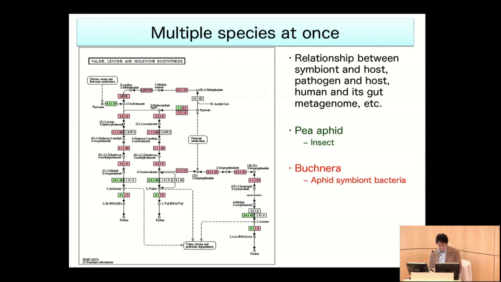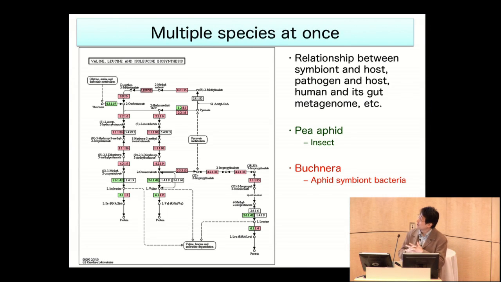But I'd like to add one more thing, which is multiple species mapping at once. So you can use not only one species, but several species to visualize pathways like this for looking at the relationship between the symbiont and host, and pathogen and host, or the human and its gut metagenome.